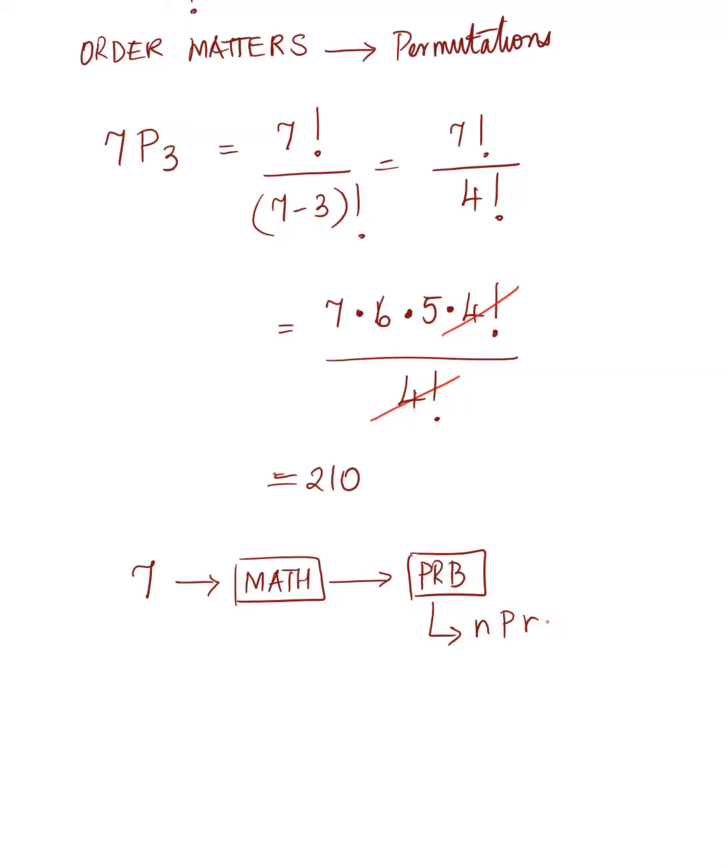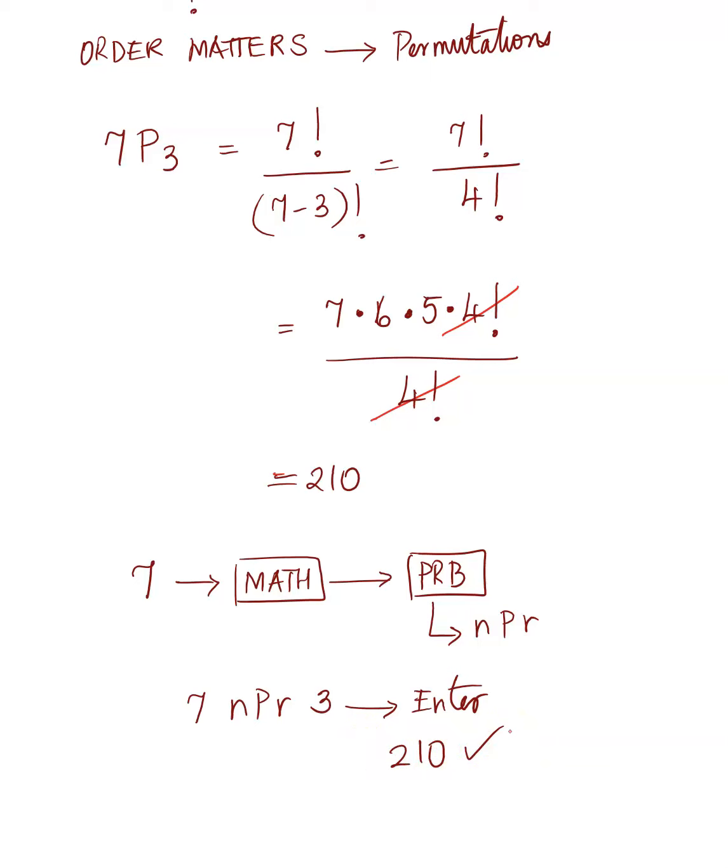It returns to the blank screen where it says 7 nPr, and now it blinks at a spot. There type 3 and then hit enter. So 7 is your n and r is your 3. When you hit enter, it gives you the number 210. So that's a quicker way to use your calculator and get the answer.